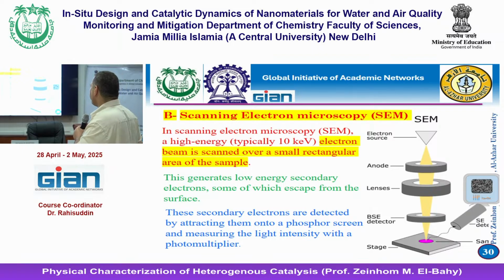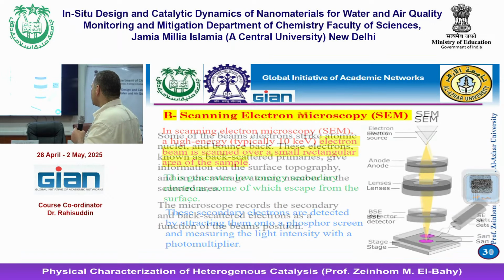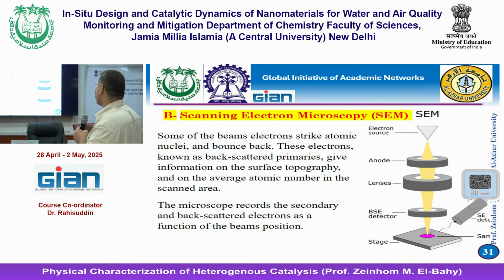Reflection of some electrons will occur, and then the detector will detect these electrons and show me the picture on the screen. This is it, okay? In scanning electron microscope, some of the beam's electrons are reflected.